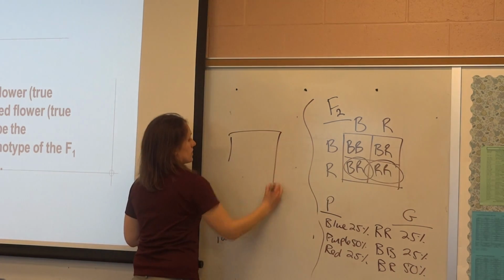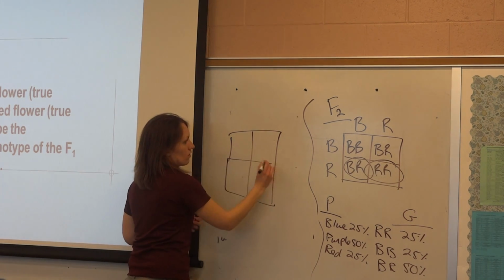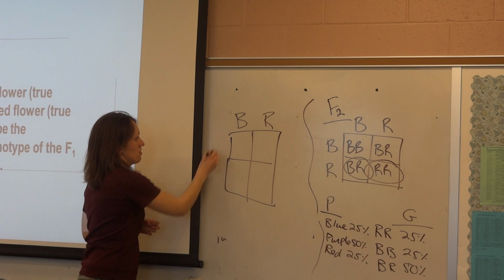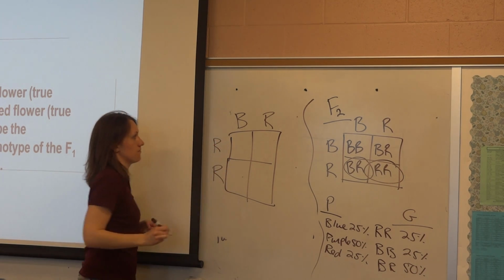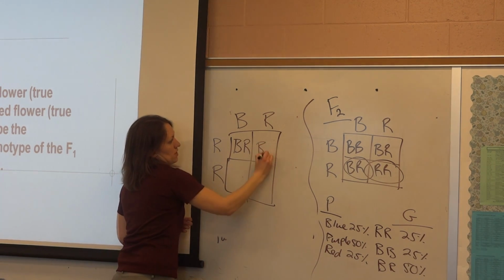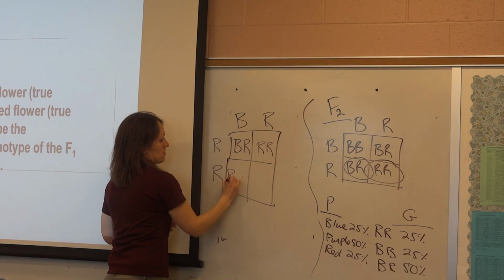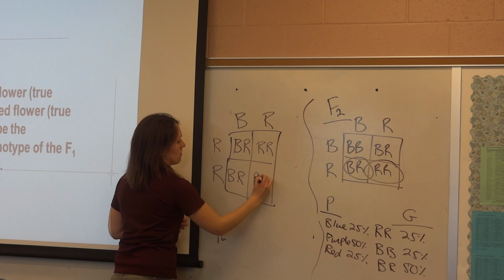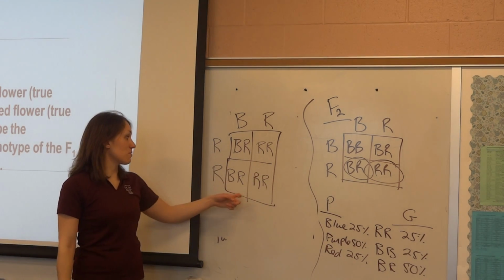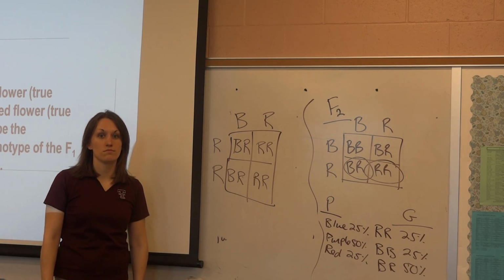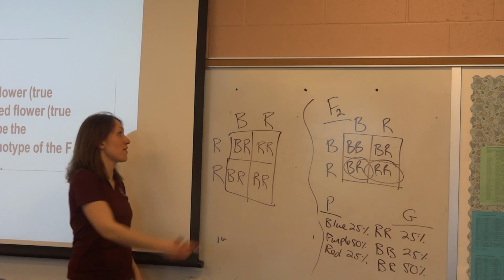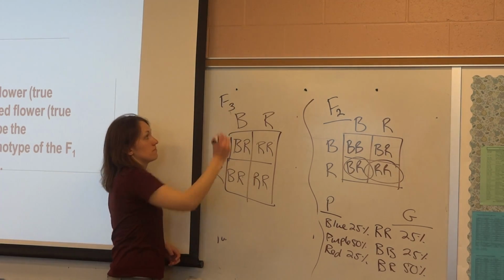Doesn't matter which one goes where: big B, big R, big R, big R. Okay, so let's see what we got here. You got 50% purple and 50% red. This would be your F3 generation.